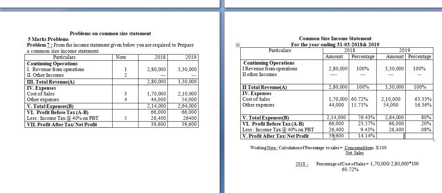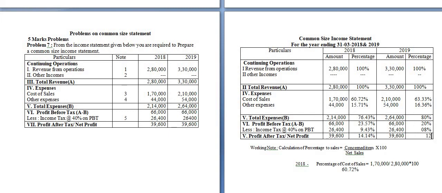Next, 66,000 minus 26,400 is going to remain the same, 39,600, and the percentage will be 39,600 divided by 3,30,000 into 100 is equal to 12%.